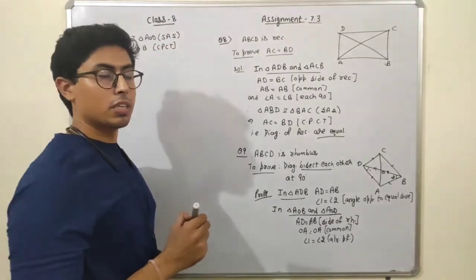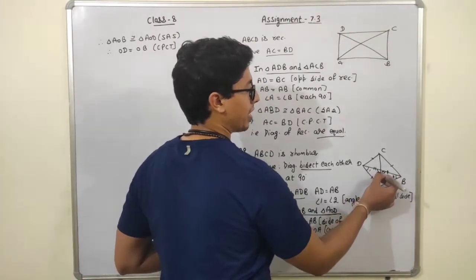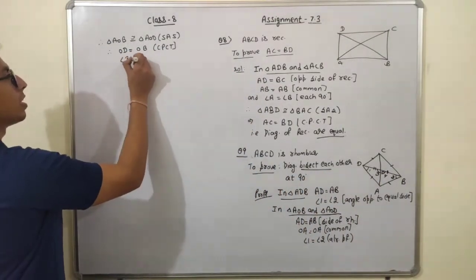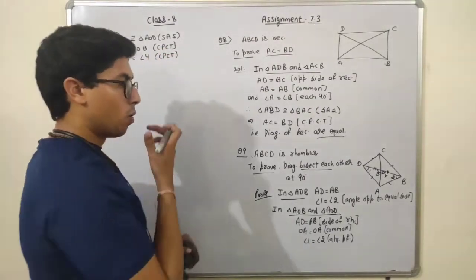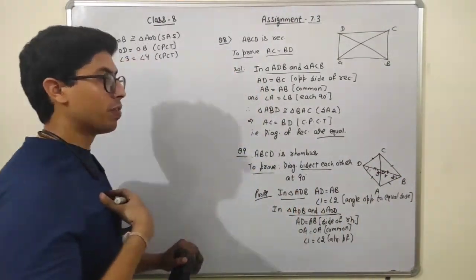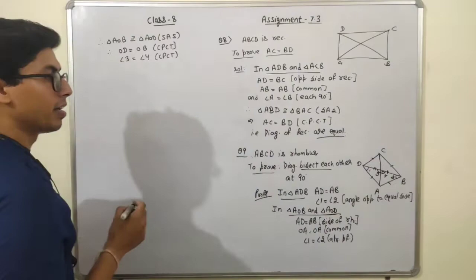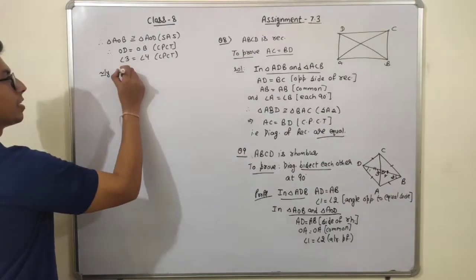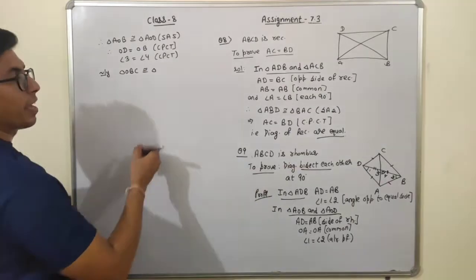One more thing, students. I can say that these two angles, angle 3 and angle 4, are equal because of the same reason, CPCT. Now OD is equal to OB, I have already proved. Similarly, if I take these two triangles, triangle OBC is congruent to triangle OBA.